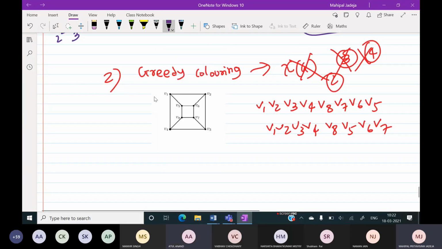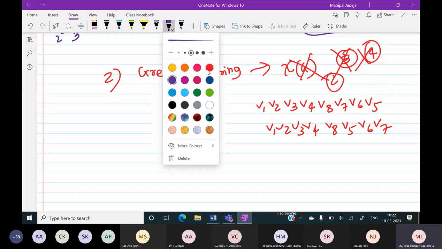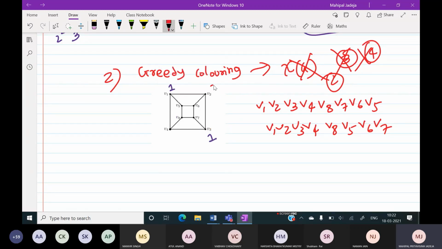It's very straightforward if we do it like this, because we'll use color 1 here. For V2, we need to use some different color. For V3, we can again use the same color. Let's say the second color. Then for V2, we'll use color 2. V3, color 1. For V4, again color 2. Next we are considering V8. For V8, we can't use color 2, so we need to use color 1.